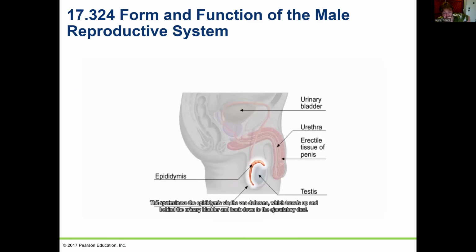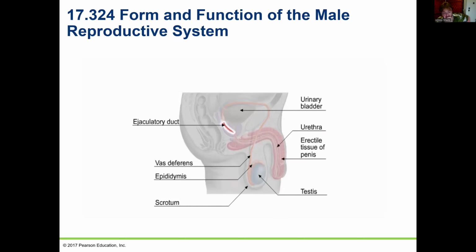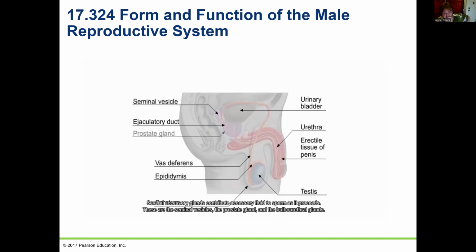The sperm leave the epididymis via the vas deferens, which travels up and behind the urinary bladder and back down to the ejaculatory duct. Several accessory glands contribute accessory fluid to sperm as it proceeds. These are the seminal vesicles, the prostate gland, and the bulbourethral glands.